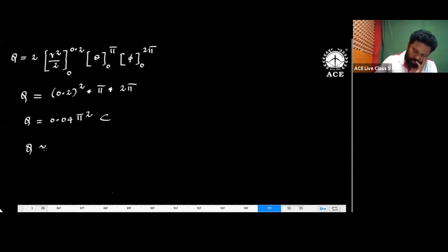Pi value is anyhow an approximated value. Pi into 0.04, 0.394 coulombs is the answer.